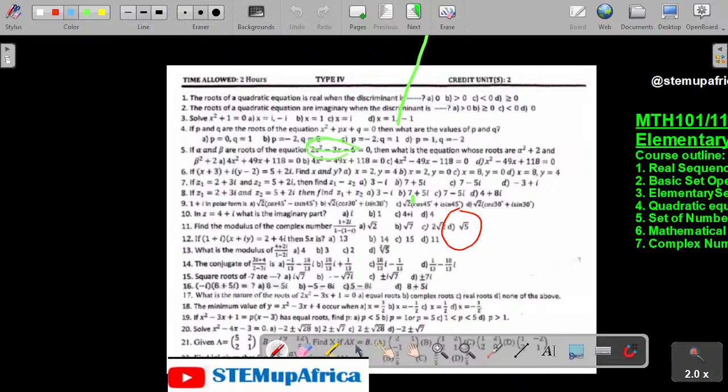Then number 19, you say if x squared minus 3x plus 1 equal to p, open bracket, x minus 3, has equal root. I gave the condition for equal root the other time: when the discriminant is equal to what? 0. When the discriminant is equal to 0, that's why we have equal root. So let's simplify this expression.